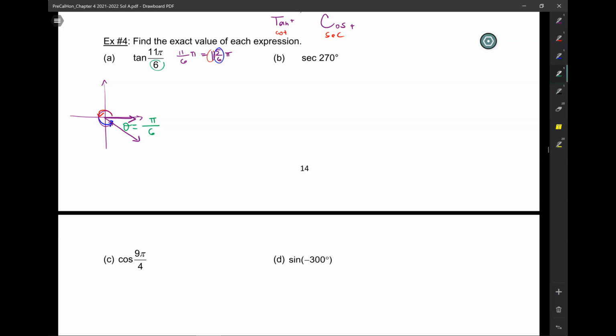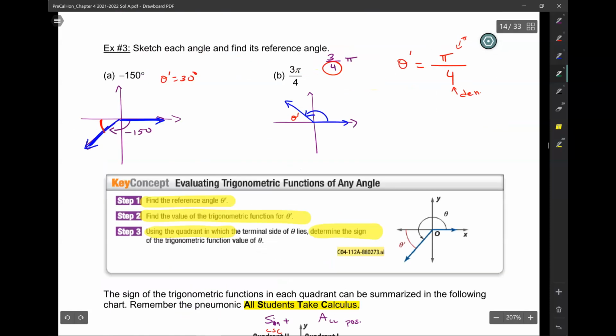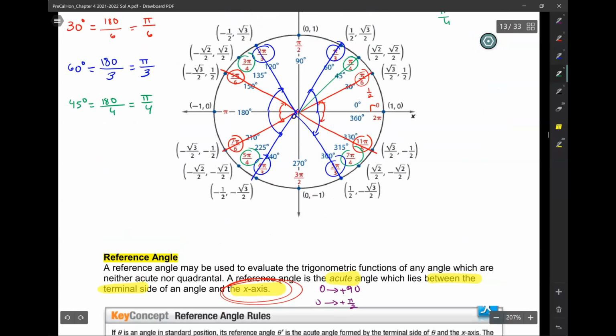Okay, now, yes, the problem's asking for the tangent of 11 pi over 6, but now I'm going to find the tangent of pi over 6. Pi over 6 is the 30 degree, that's the smaller angle.